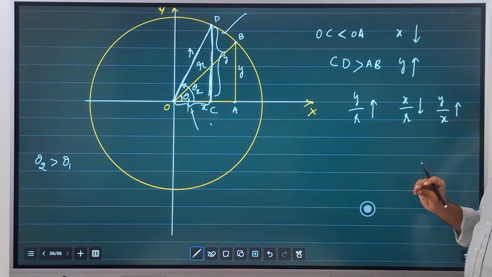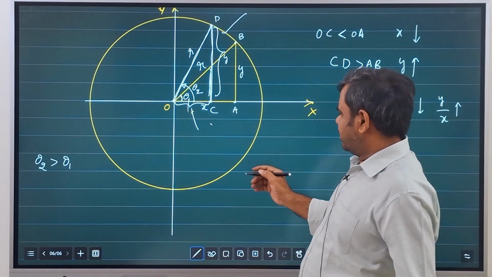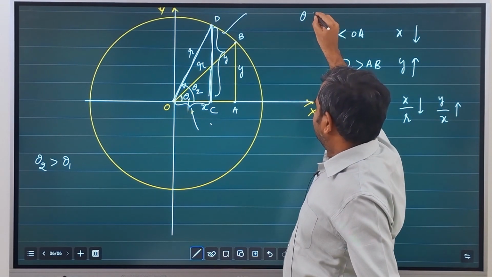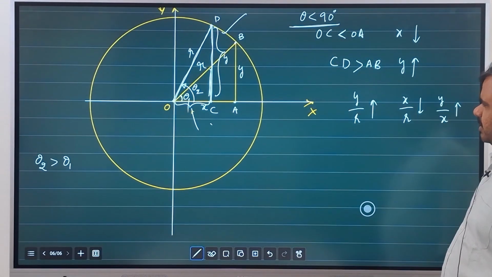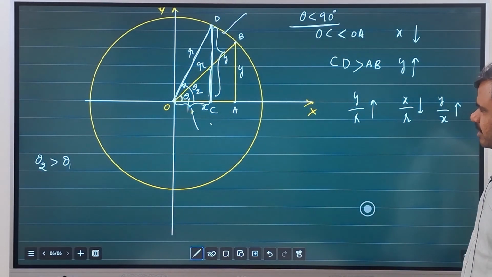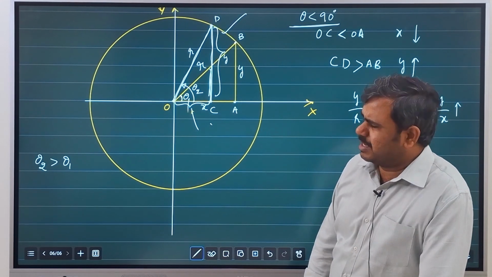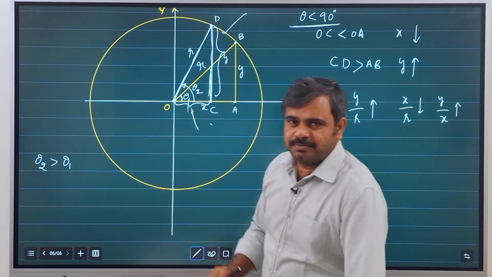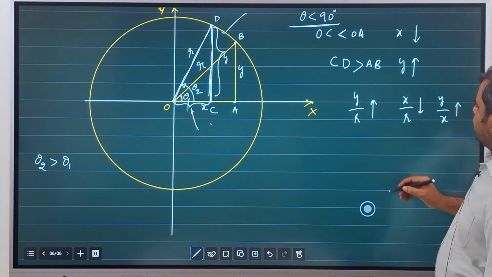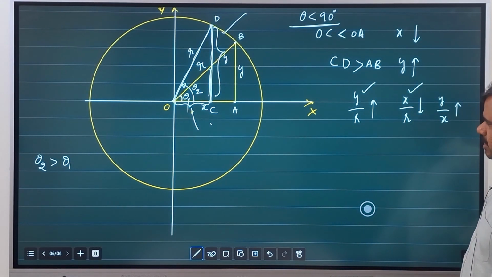Let's look at angles less than 90 degrees. For the time being, we are looking at the cases when the angle is less than 90 degrees. Theta 1 is less than 90 degrees. Theta 2 is also less than 90 degrees. So below 90 degrees, when theta increases, the ratio y by r increases, the ratio x by r decreases, the ratio y by x increases.